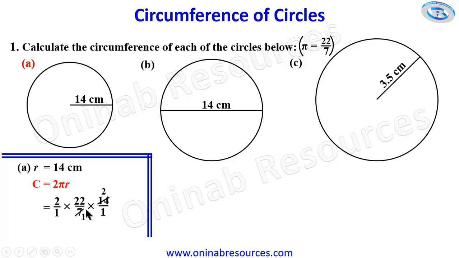And 4 times 22 gives 88. So we have the circumference of the circle, whose radius is 14 centimeters, as 88 centimeters.